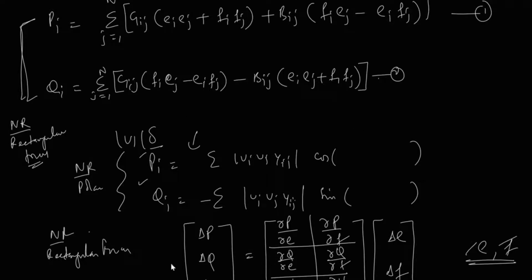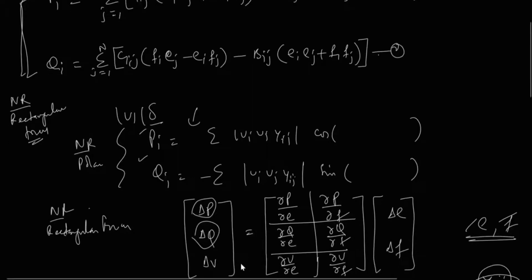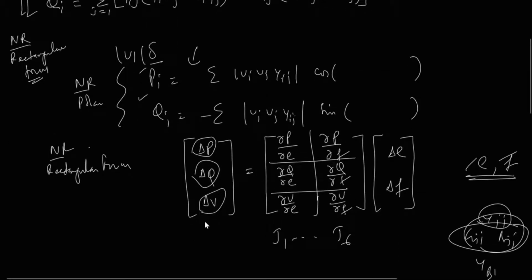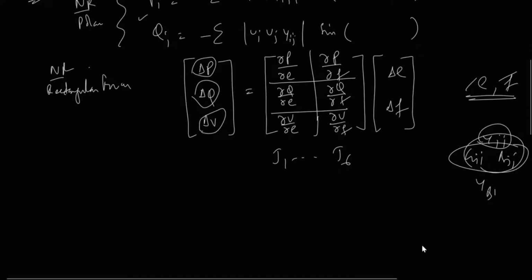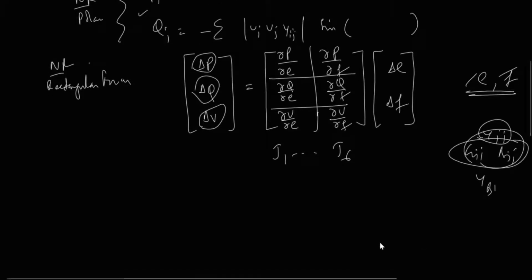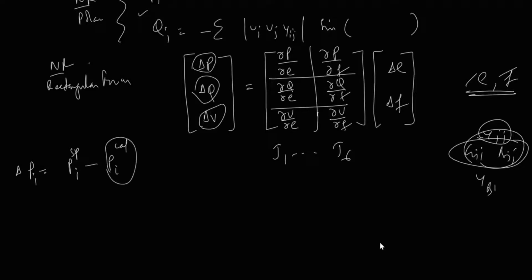And how do I calculate these mismatches now? Delta P is equals to P specified minus the calculated value, Pi calculated. What is this specified value?